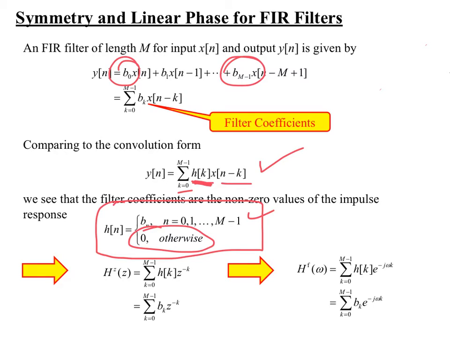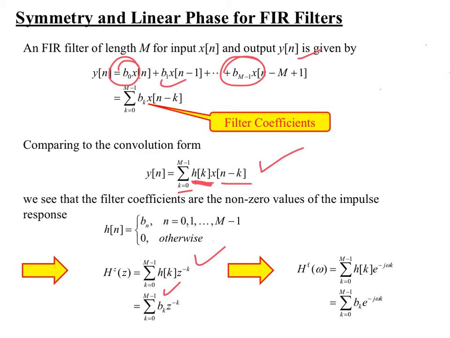Okay, so then we can also write out the transfer function. We've done this before, but we're reiterating it here. We can write out the transfer function for this FIR filter. So we just write it out just like that, and we see that the B sub k's that we had up here just show up naturally there. And then converting into the frequency response form, we see that the B sub k's also show up there.